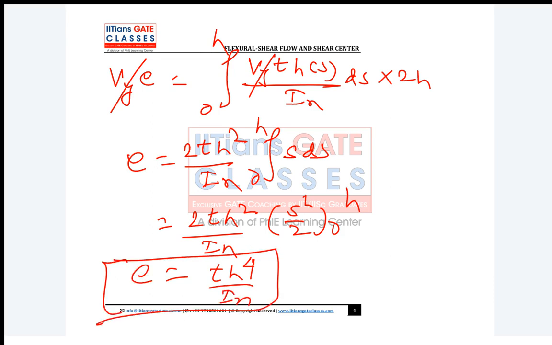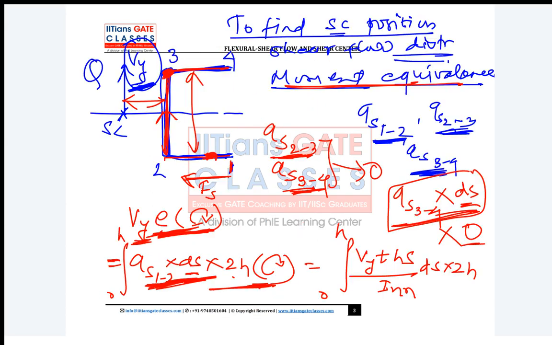Now the e value you got is positive. That means whatever we considered is correct, so your shear center lies on this side. Now guys, sometimes in your GATE exam they give coordinates like this. This is the origin.